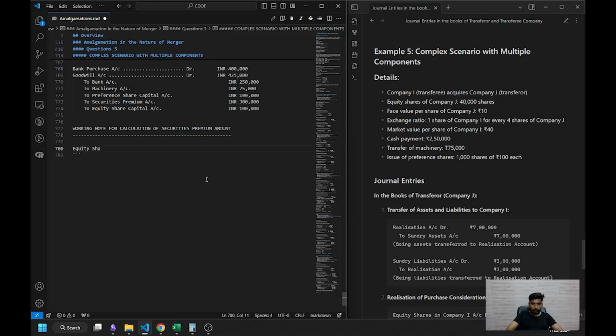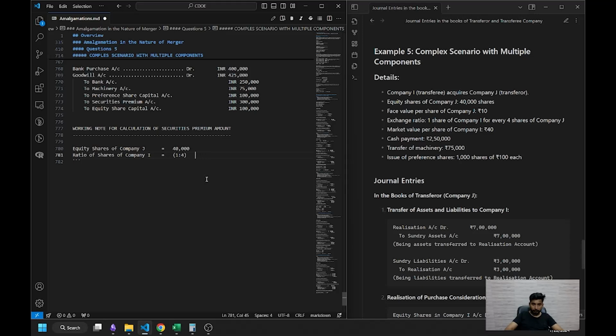It is given that equity shares of company J are 40,000, and the ratio of shares of company I is 1 is to 4.